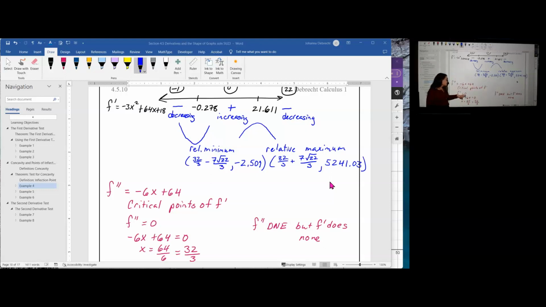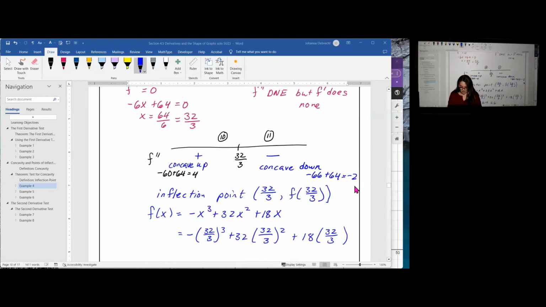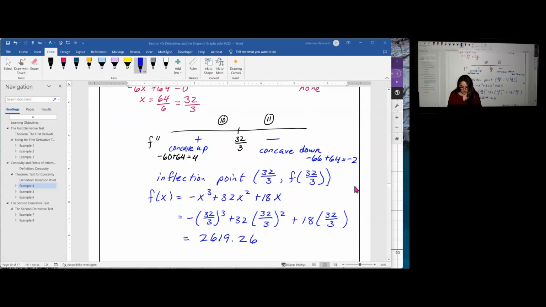The second derivative equals 0 when x is 32/3. The second derivative is also a polynomial, so it is defined everywhere. So there are no places where the second derivative does not exist, but the first derivative does. That gives us only one possible inflection point at 32/3.